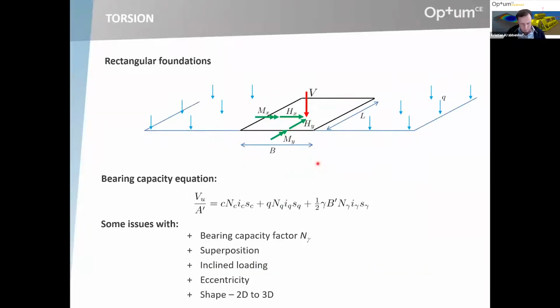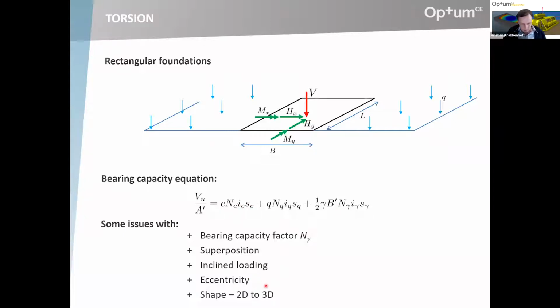There were some issues as well with the superposition, not a huge issue. It leads to conservative solutions, but they're not that much conservative. Inclined loading also has potential issues with the common expressions found in the codes, not really taking into account failure by sliding, so you have to check that separately, which I don't really think should be necessary.